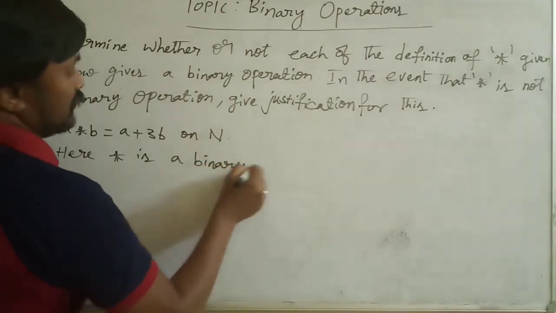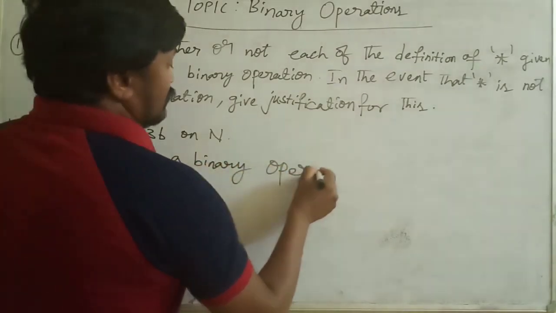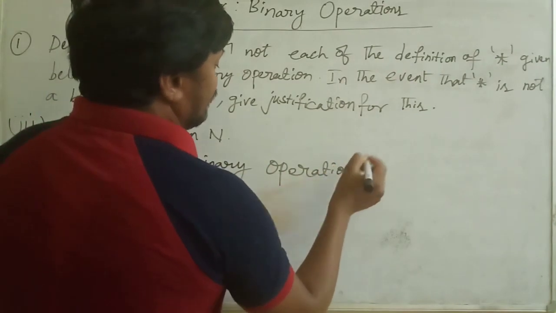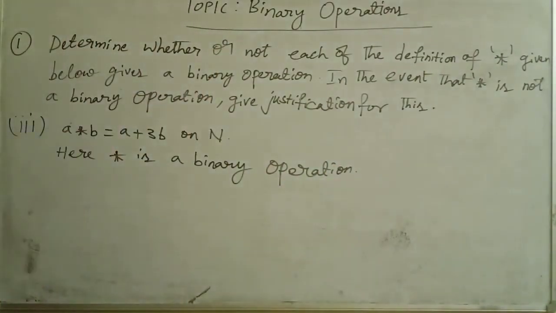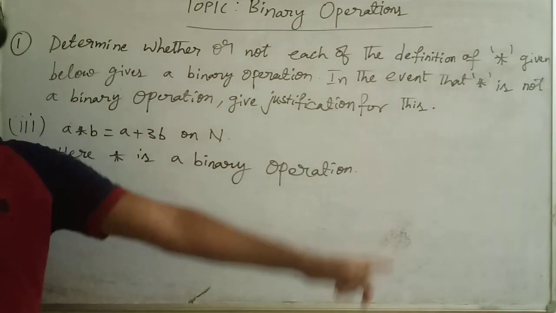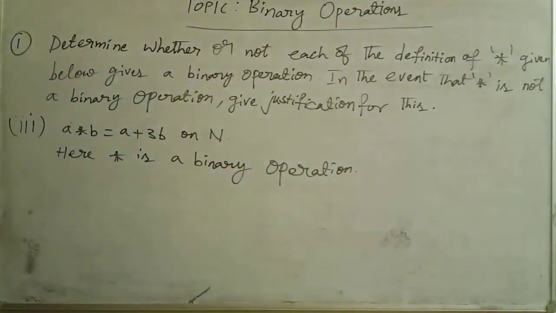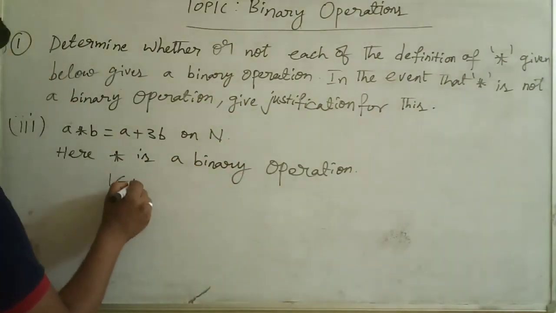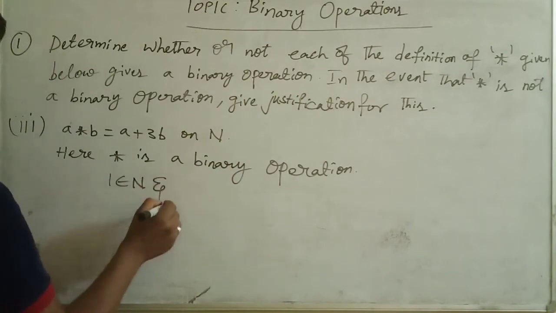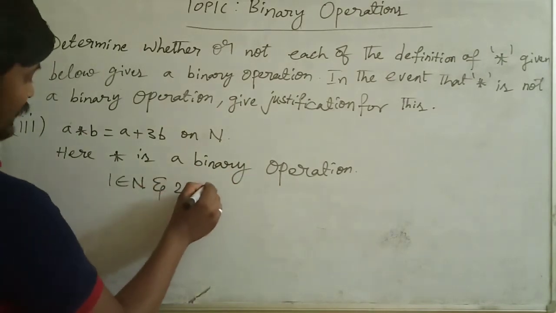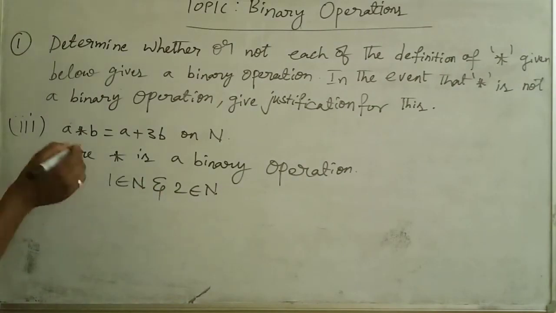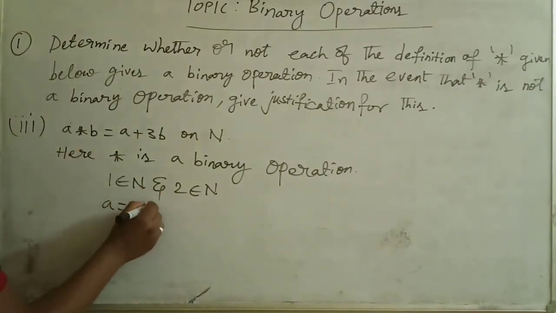So directly write here that star is a binary operation. If you observe that immediately and write binary operation, it's okay, but still they said to give justification why it is a binary operation. So let me take 1 belongs to N and 2 belongs to N. So here A is equal to 1, B is equal to 2.